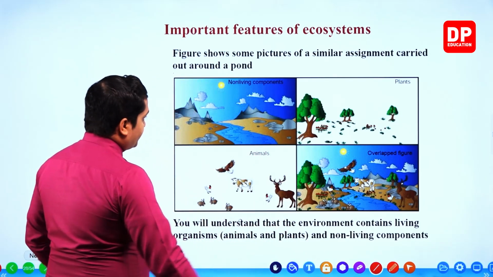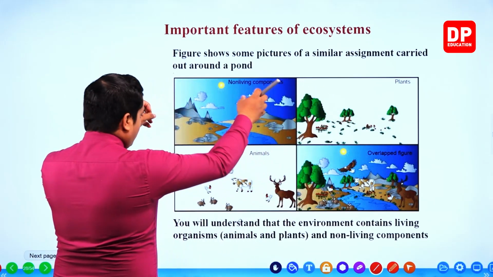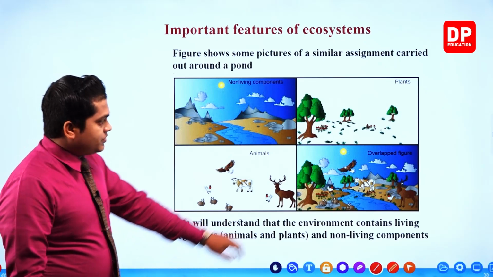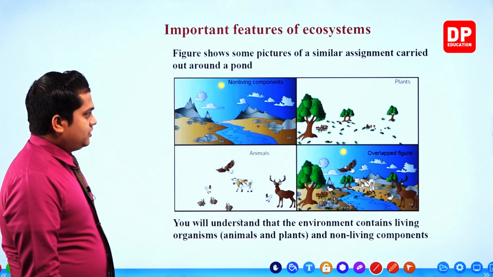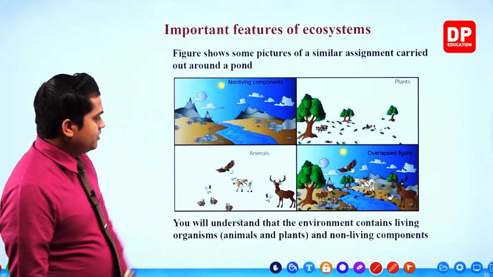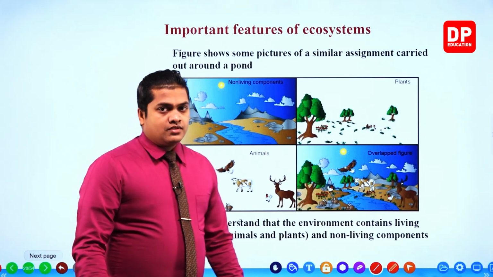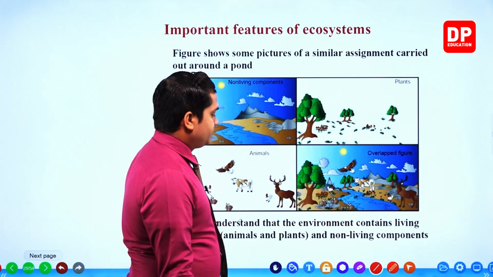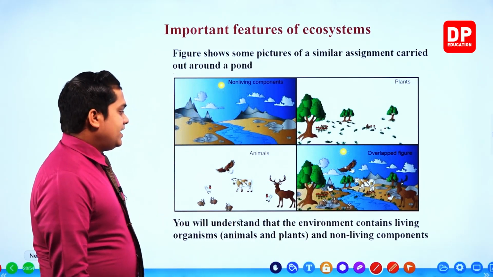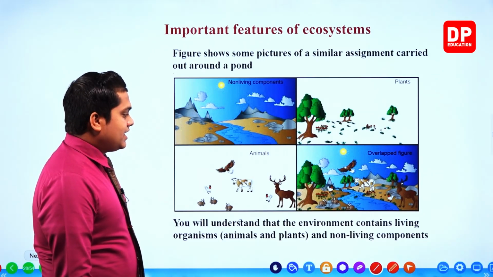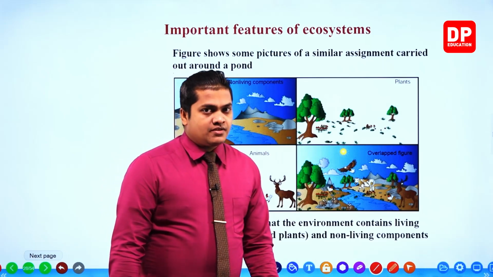So what you have to do is place one on top of the other. Then you can observe this. When you place this one over here and this one over here, you can observe the entire figure like this, my dear children. So you will understand that the environment contains living organisms, animals and plants, and non-living components.